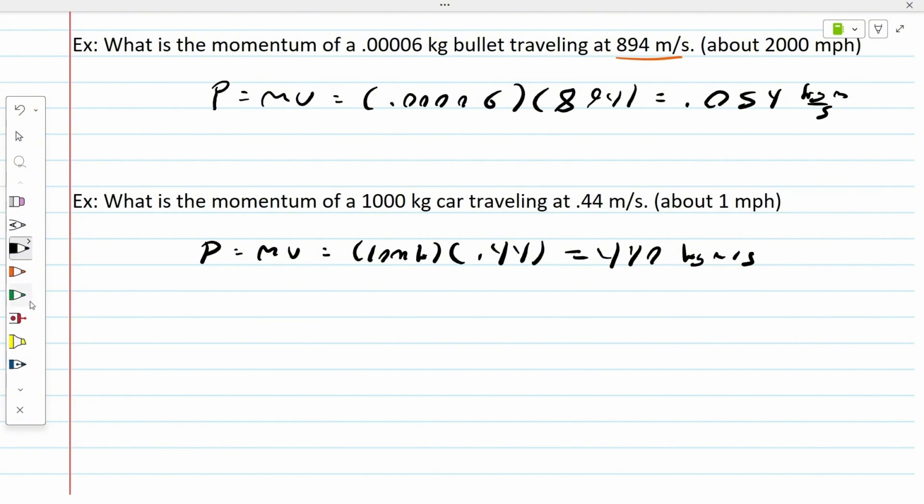And that makes sense because if we have a big car traveling with some velocity, and you shoot a little bullet at it, shooting this bullet at the car is not going to cause the car to change its velocity that much. And we'll learn later that the force it applies depends on relating these changes in momentum.